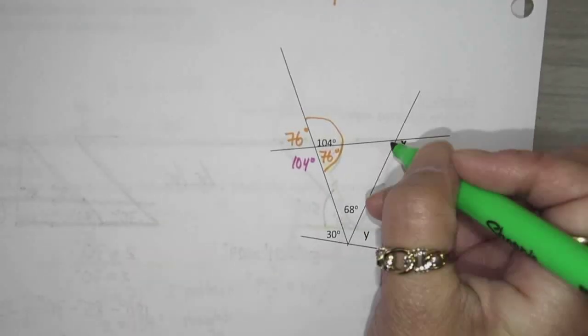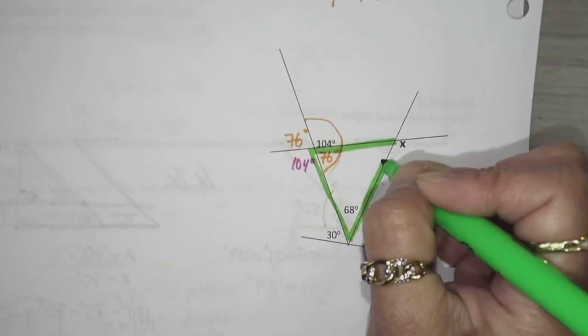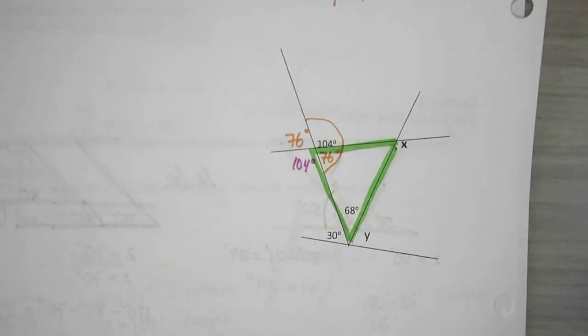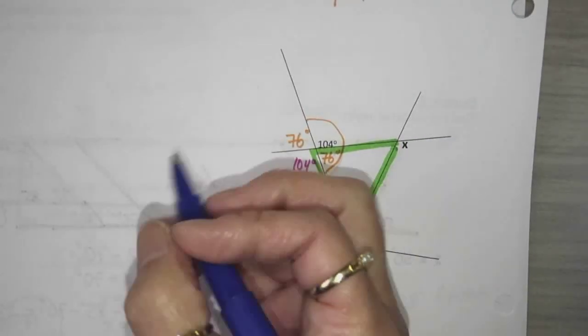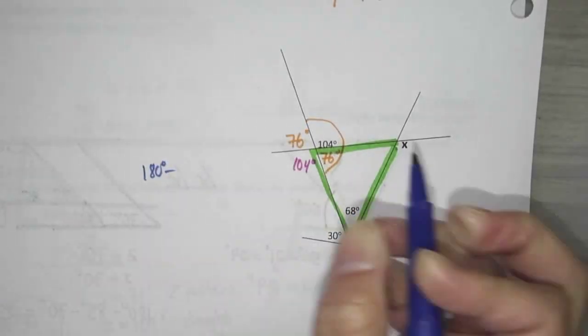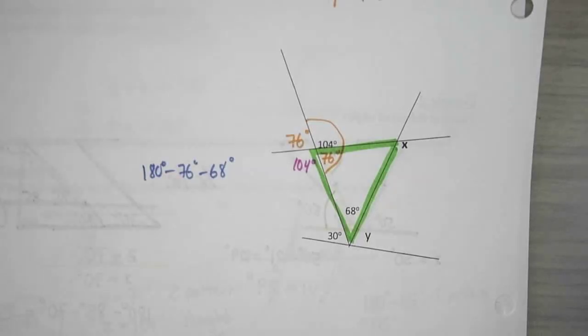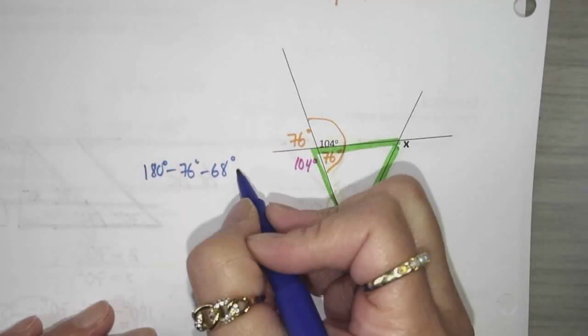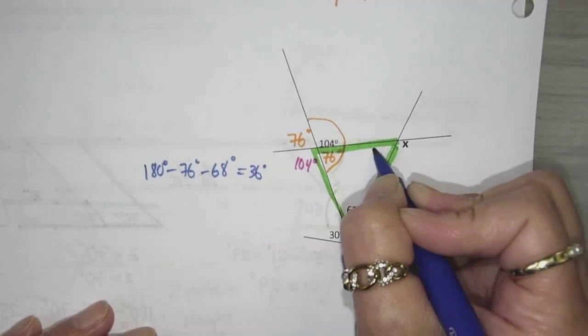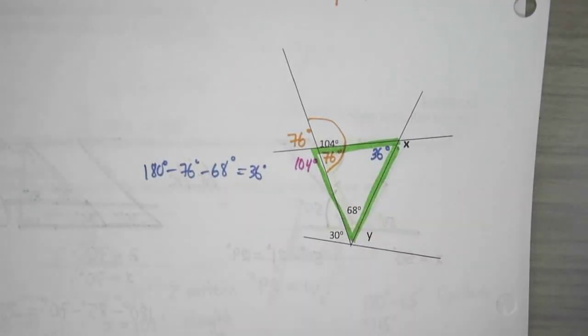Well, I have two sides to a triangle. So you're going to do 180 minus the 76 and minus the 68. Right, so 180 minus 76 and minus 68 would get us 36. So this would be 36 degrees.